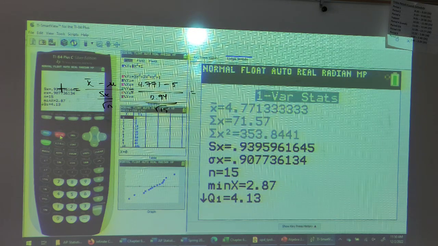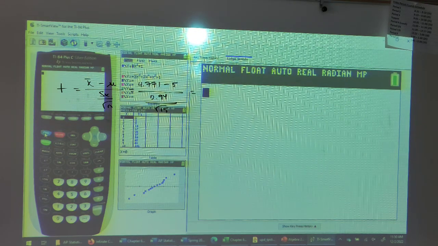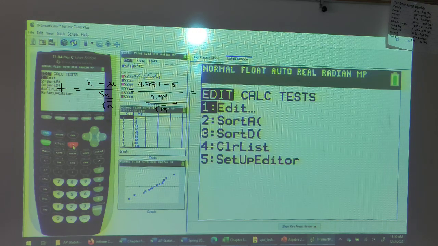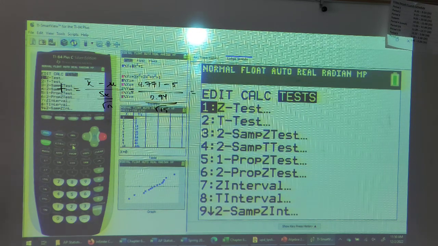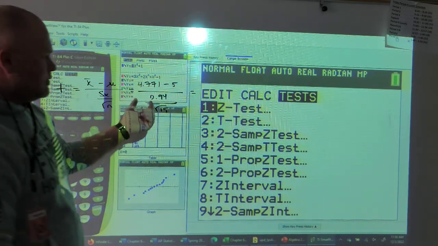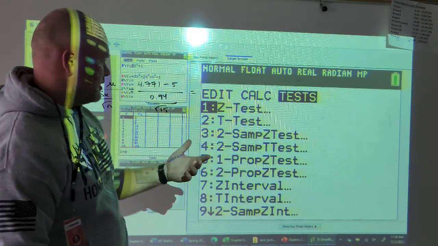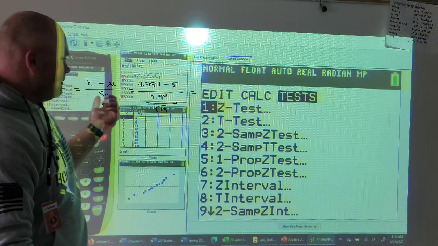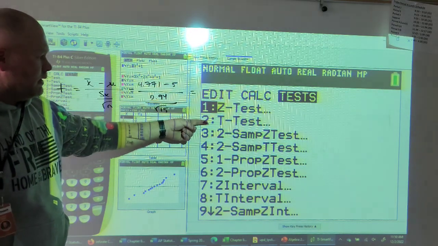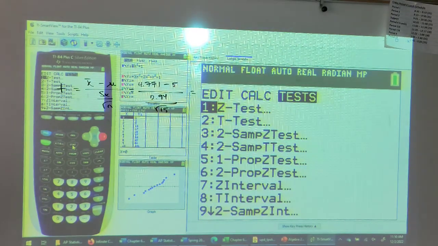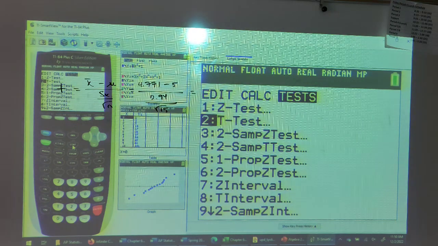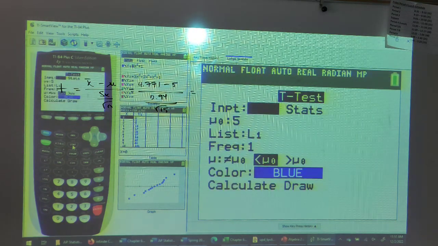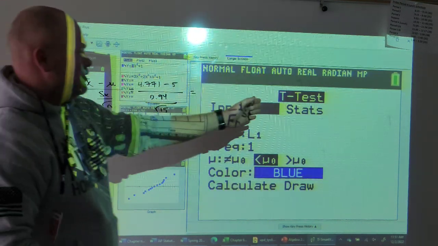Okay, so the easiest way to do it, I think, and we should be somewhat familiar with this route already, is stat over to test. So this is where we would have been last week with the one proportion z-test. So this time though, we're running a t-test. Okay, so it's the second one down, t-test. So two different ways you can do it.